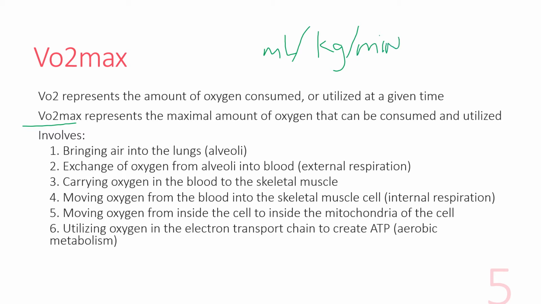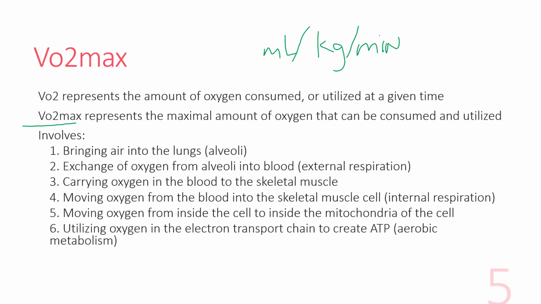Okay, so we're looking at the amount of oxygen based on your body weight that you are able to bring in per minute. Okay, not only do you need to bring it in, but you also have to use it. So we're looking at the amount that you've actually utilized. So we can measure VO2 at a resting level. You can measure it at submaximal levels, and that information can be important to us in a variety of ways.